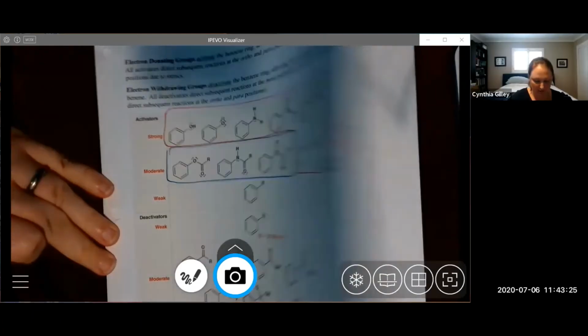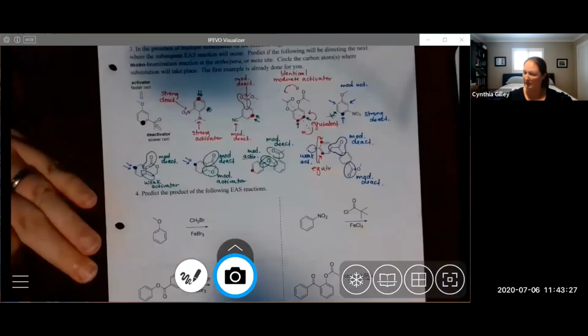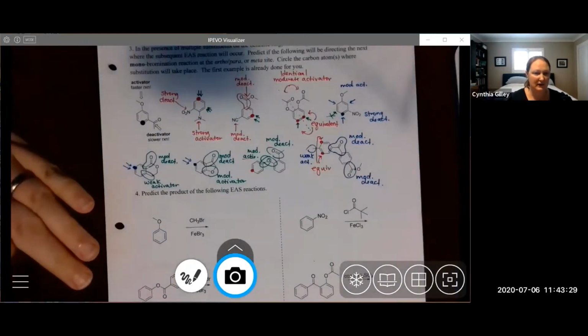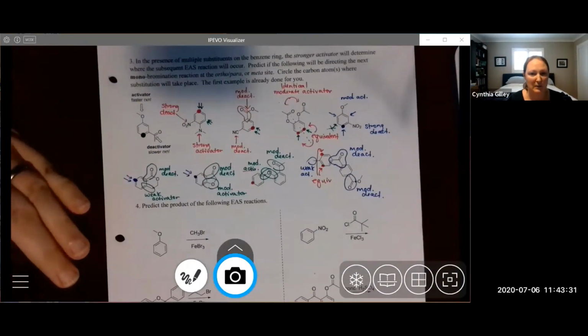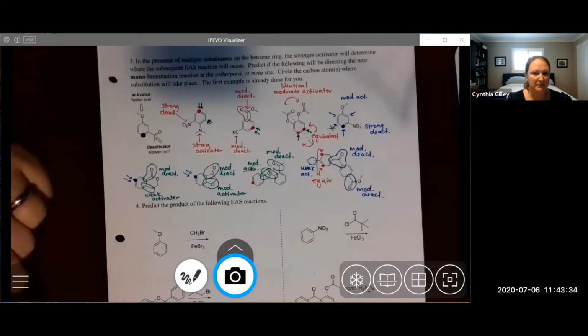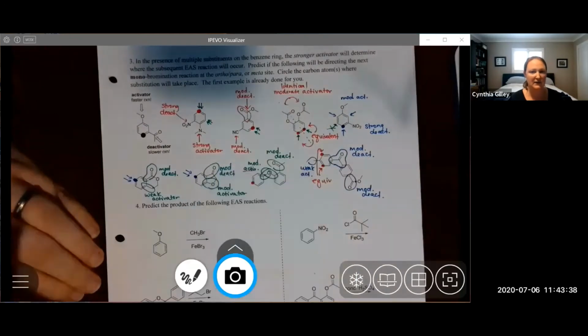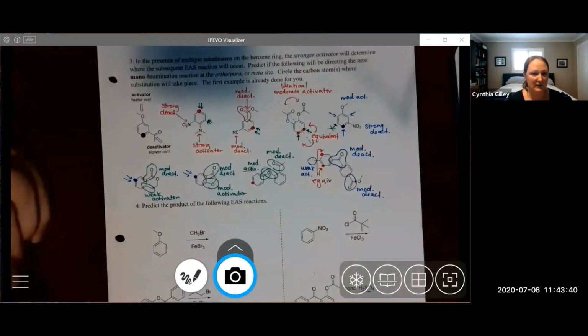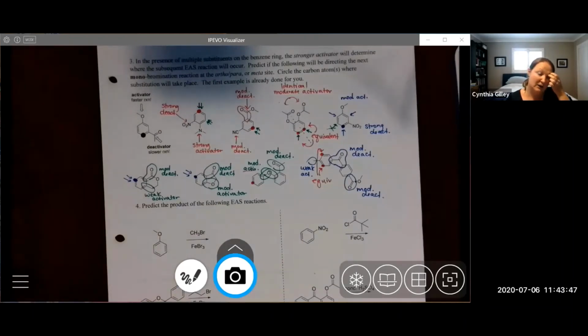All right, other questions? I know it's kind of complicated, everything I drew out here. But you just look at the strongest activator, and that one is more important than anything below it. Sometimes they work together and sometimes they don't. Either way, you're just really looking at the strongest.